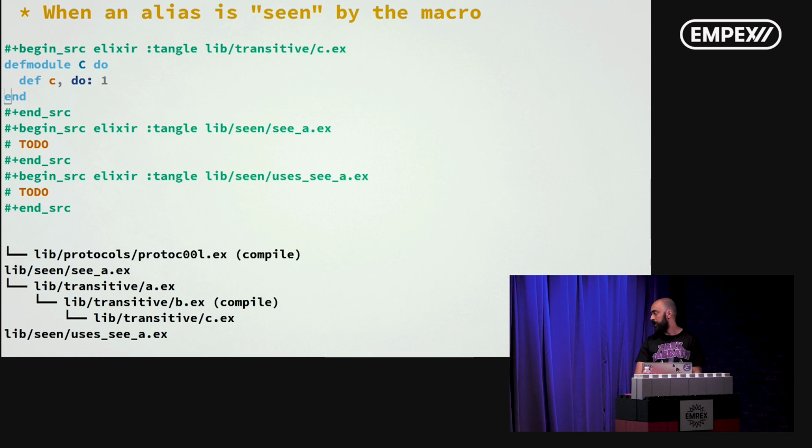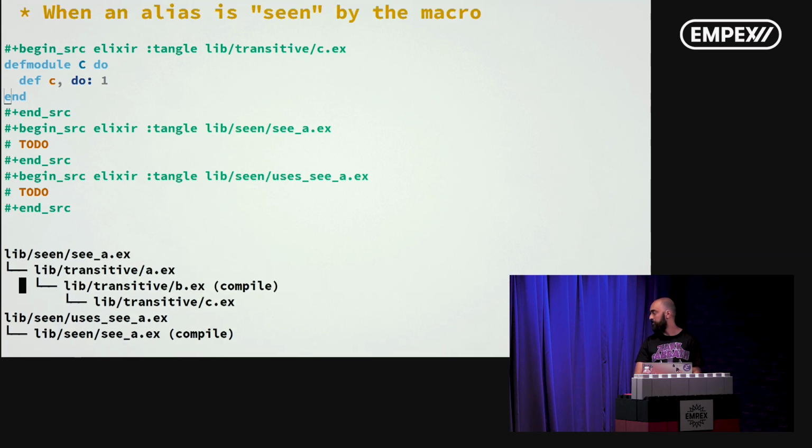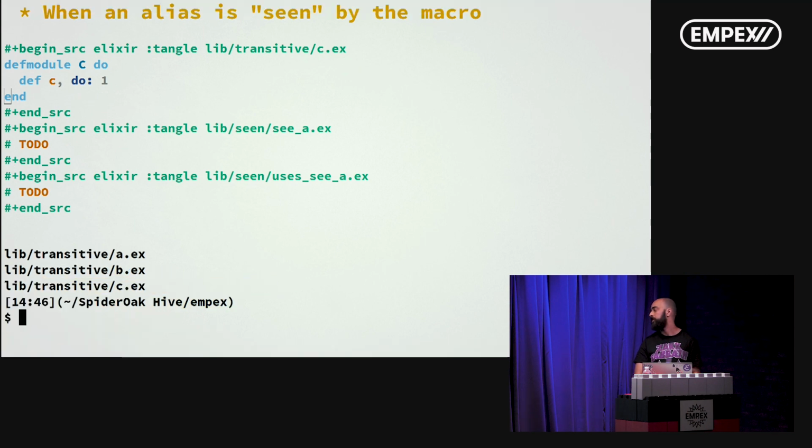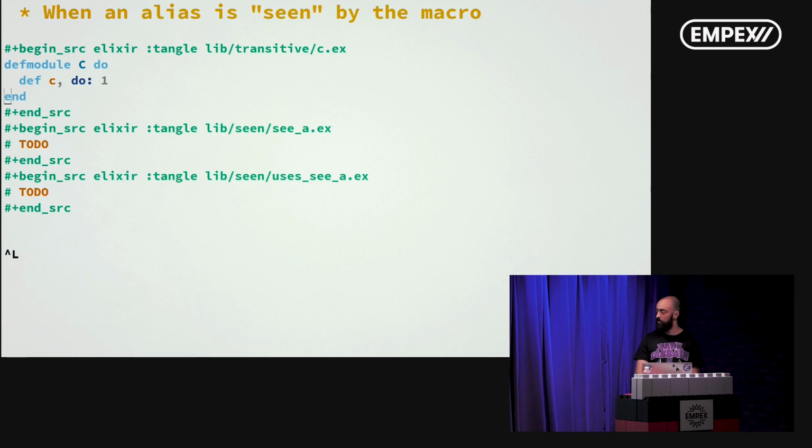That A depends on B as a compile time dependency, but C is a runtime dependency of B. That's how you get to use xref to understand these things. And inotify is giving us exactly what is happening down there.